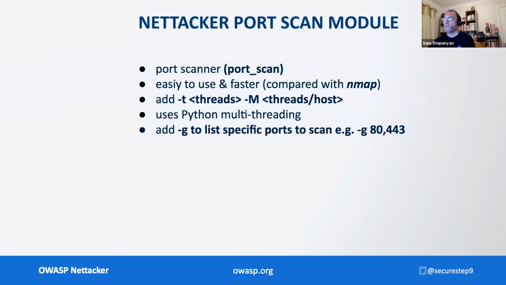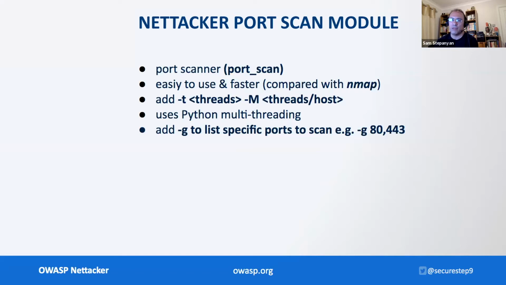I believe it's much easier and faster than Nmap. You can control the speed of it using -T and -M command line switches in Nettacker. That allows you to add more threads and threads per host. As we mentioned, Nettacker uses Python multi-threading. By default, the Nettacker port scanner module will scan the 1,000 most popular ports.